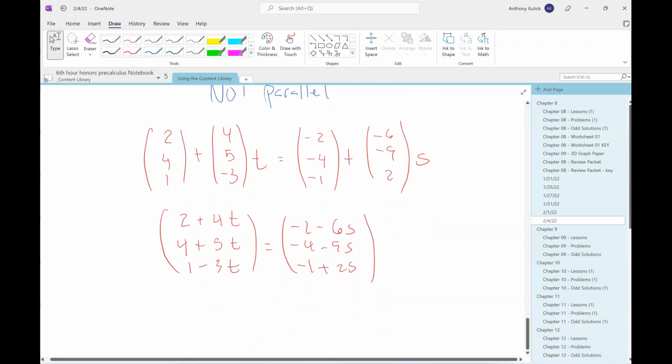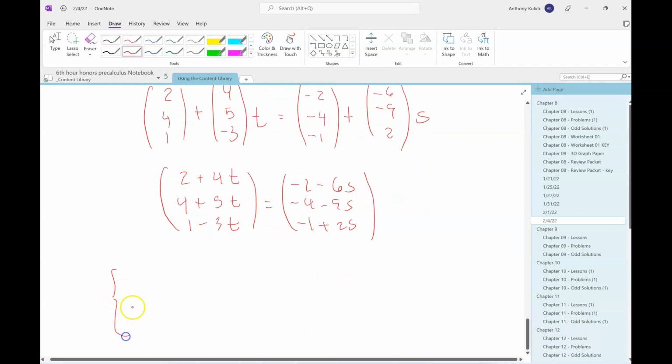And now we know if these two vectors are equal, the components have to be equal at the same time. So that creates a system of equations. Everybody's okay with that? And I'm going to move these over so that it's in that standard linear form.